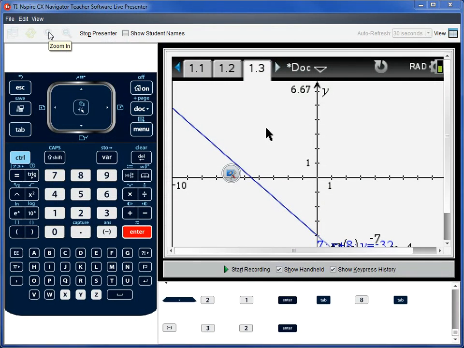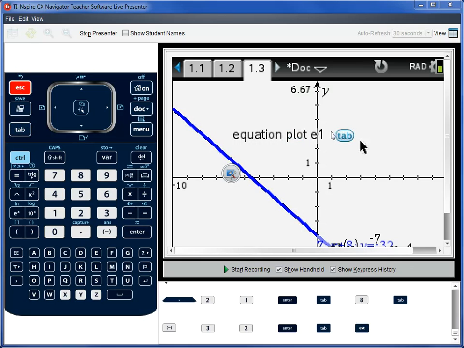Look at that. They graphed in the same spot. I'm hovering over the graph right now, and you should see that it says equation plot E1. If I hit tab, it'll cycle through the different graphs that are graphed in that same location. So I'm going to hit escape to get out of that.